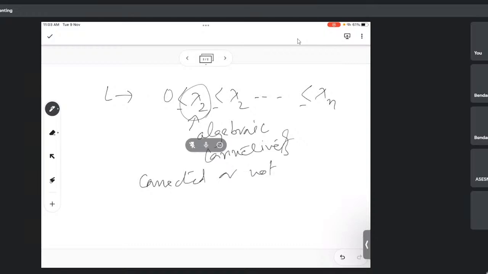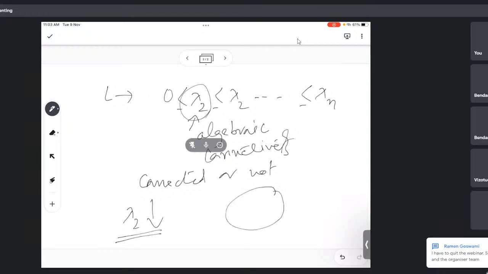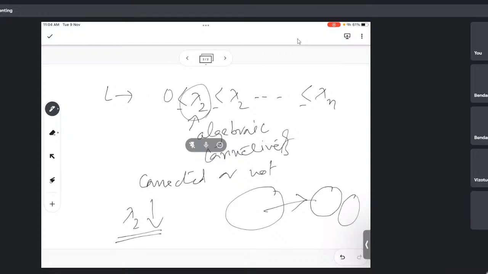Even if the graph is connected and we have a low value of lambda 2, that means there is a tendency that the whole graph will be divided into two groups. There is a tendency of the graph to get disconnected because this value is very low.